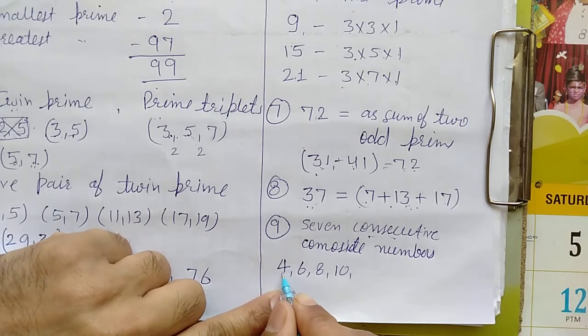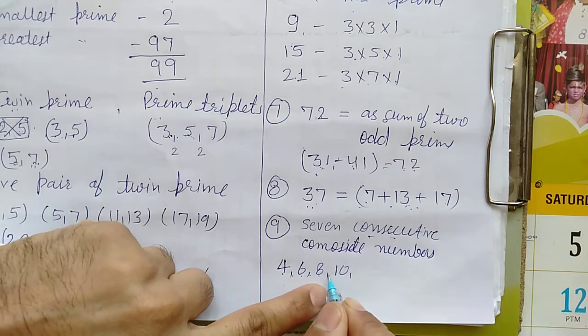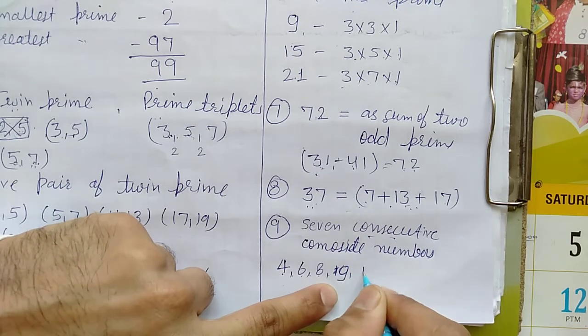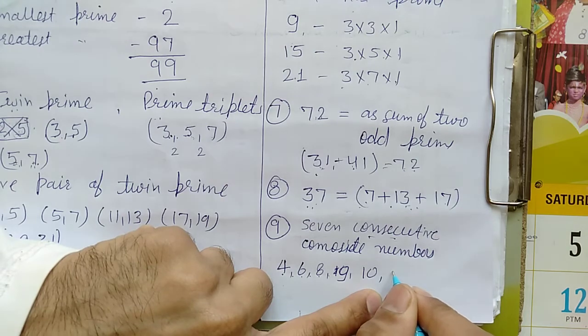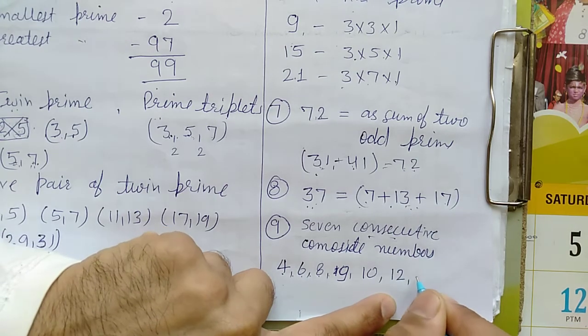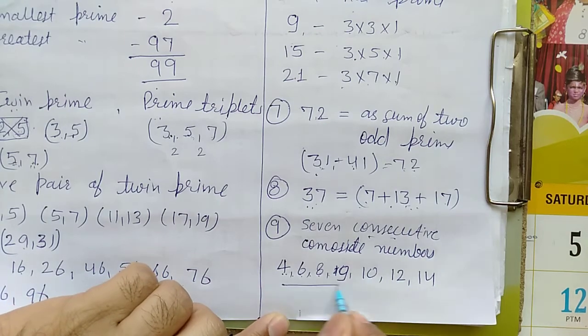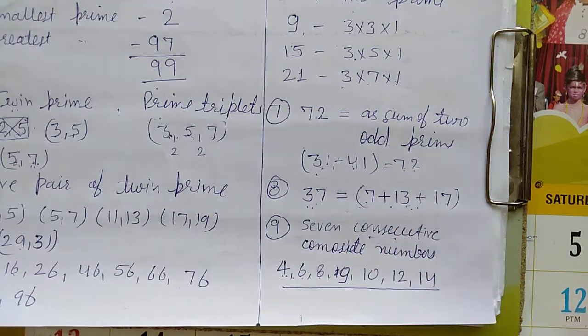So you may take 4, 5 is prime, 6, 7 is prime, 8, 9 is not prime, no? So 9 also you may take. Then 10 is also composite, 11 is prime, 12, then 14, 1, 2, 3, 4, 5, 6, 7, done. These all are 7 consecutive composite numbers, right? So like this we will solve.